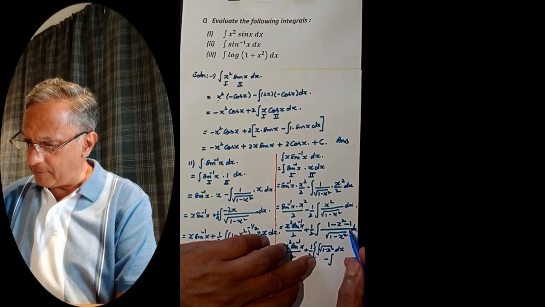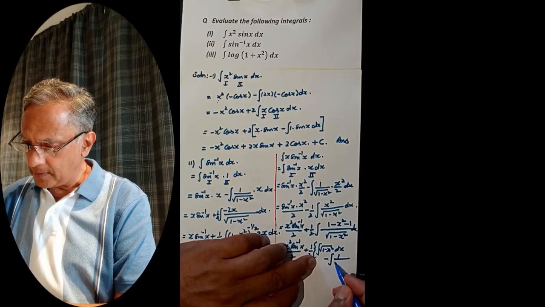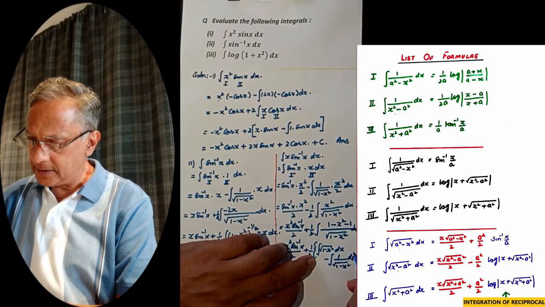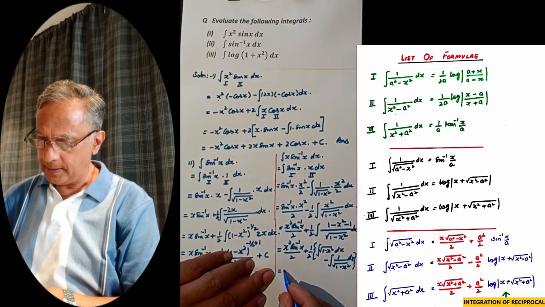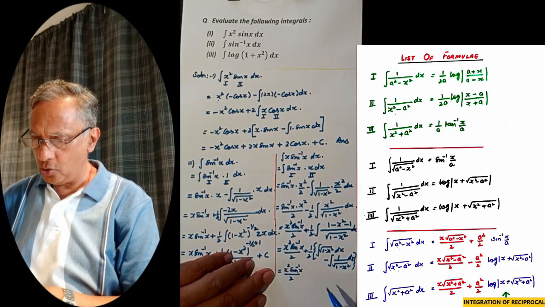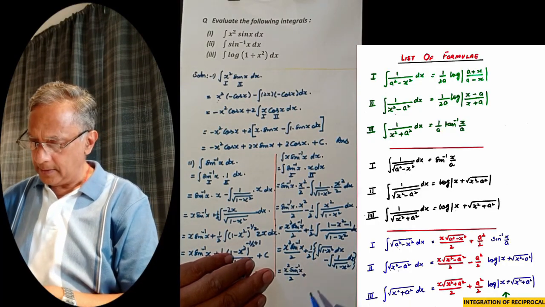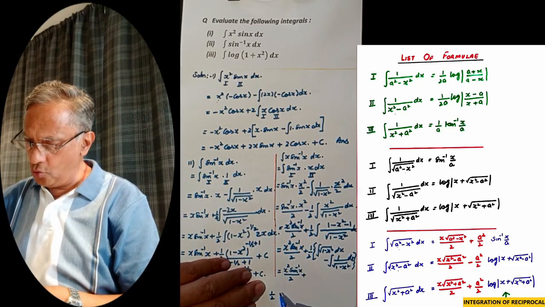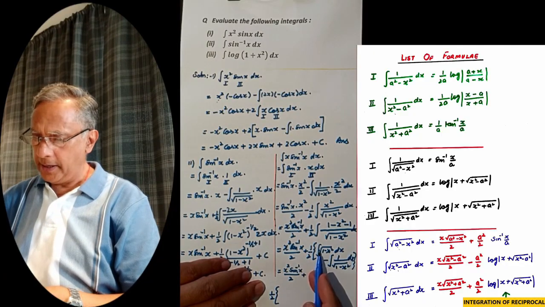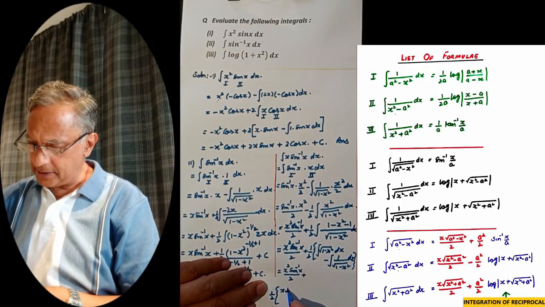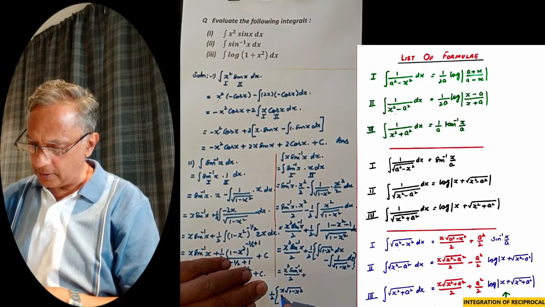Now with this we will have minus 1 over under root 1 minus x square dx, and this is equal to x square sine inverse x by 2 plus, now this can be written as 1 by 2 into integration of this. Integration of this is x into this by 2, x into 1 minus x square by 2.